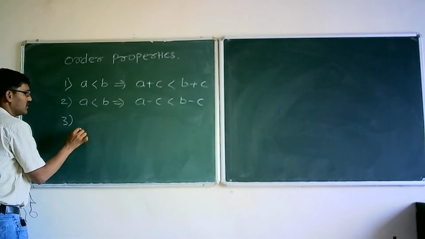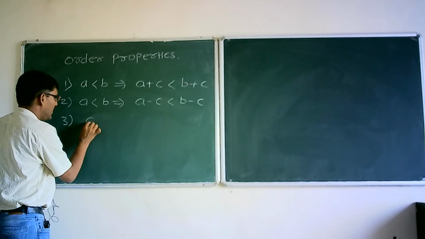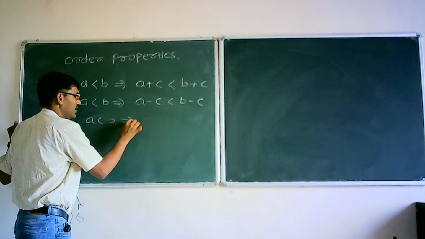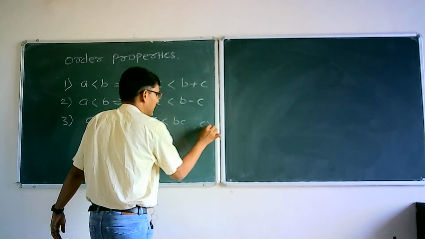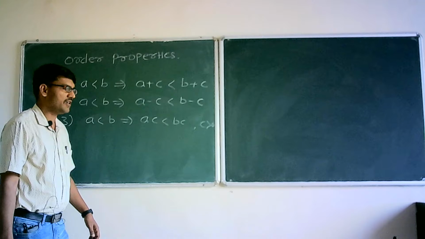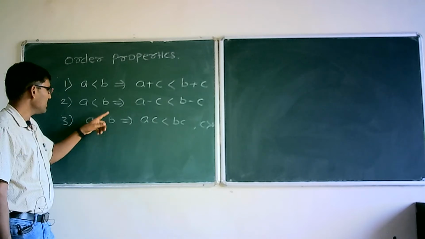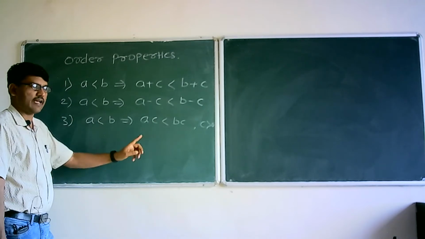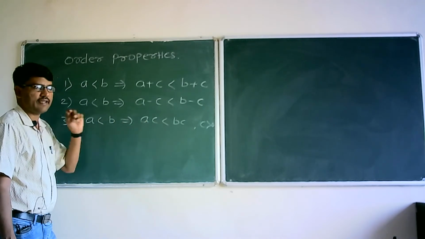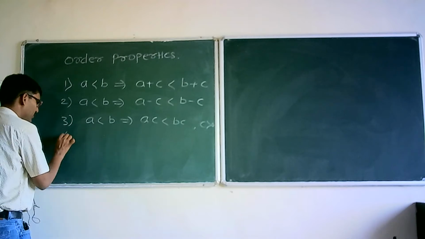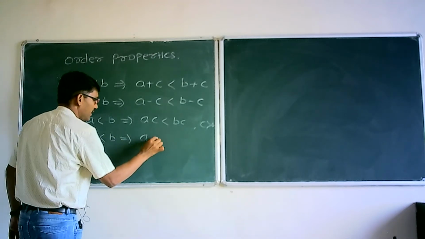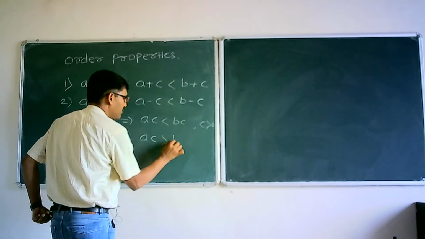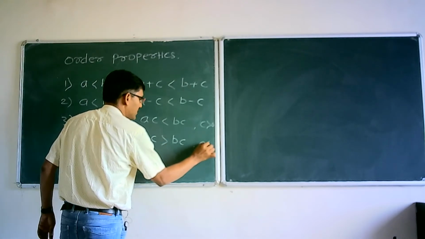In the third case, if a < b, then ac < bc if c > 0. If c is a positive number, then again the sign does not change, the sign is the same. But number four, if a < b, then ac > bc if c < 0.